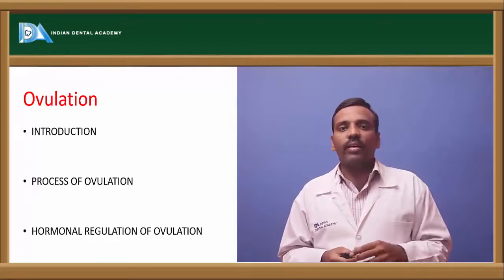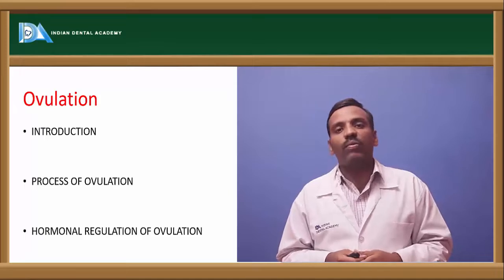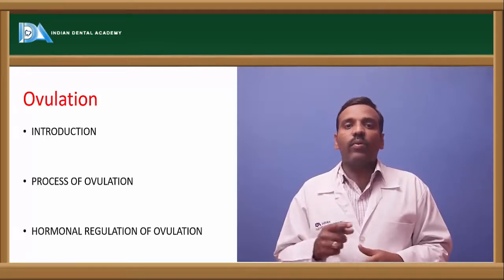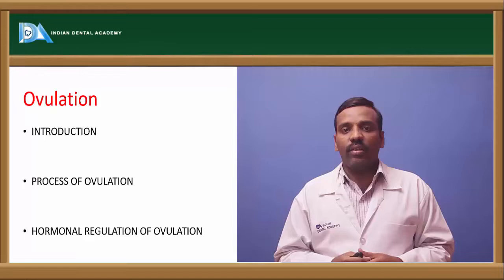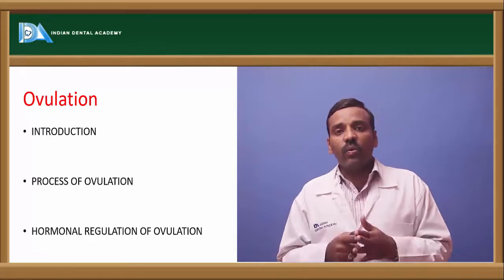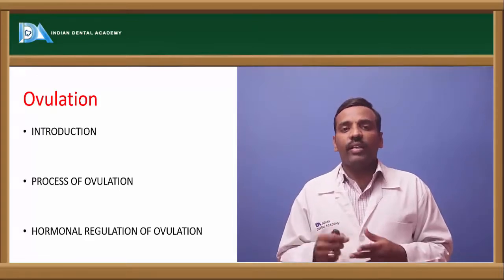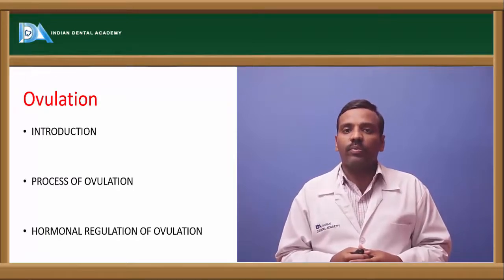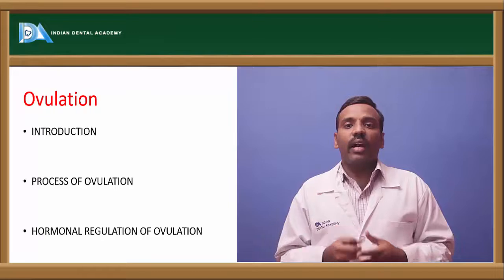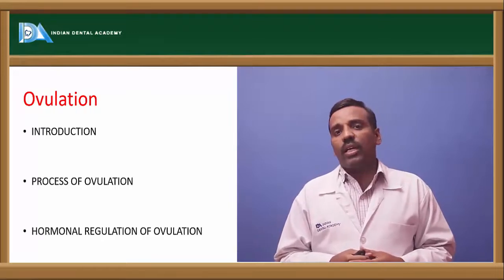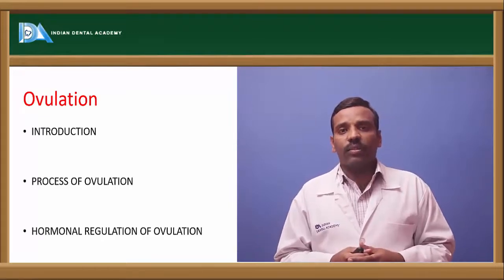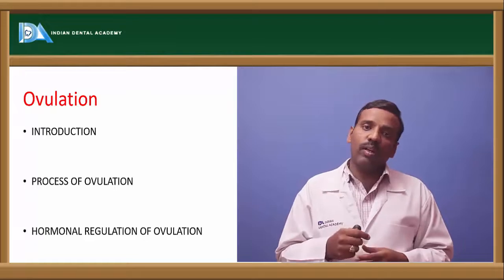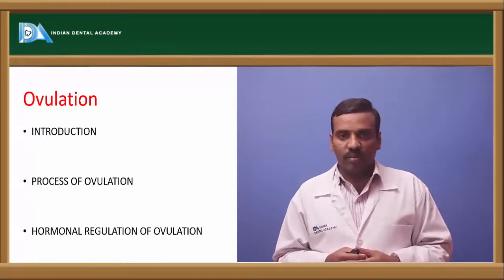These two are increased, and immediately there is suppression of the estrogen, and on day 14 the ovum is released. Okay, and from day 14 to day 28 it is maintained by progesterone and luteinizing hormone. The lifespan of the ovum is about 48 hours, and the spermatozoa lifespan is also 48 hours.